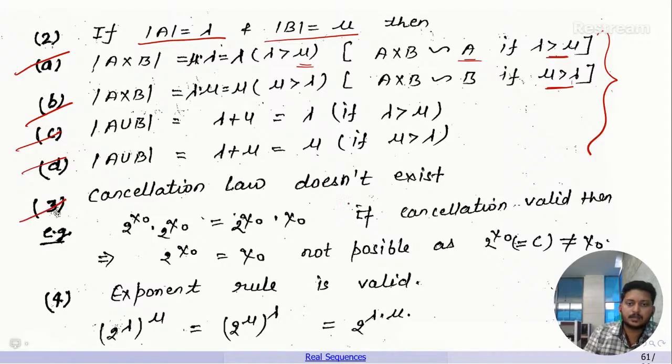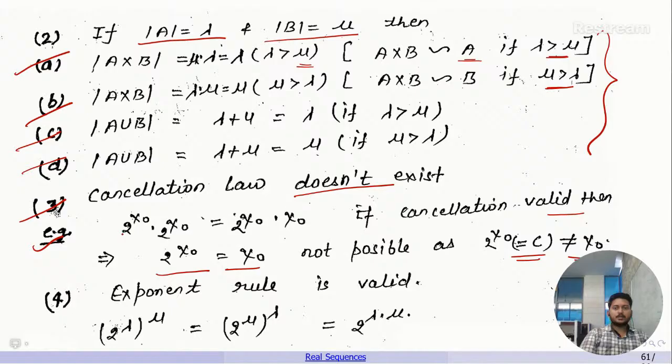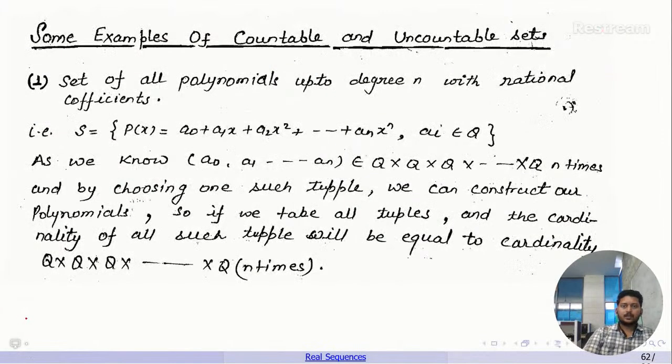And lastly, the cancellation law does not exist. How? When you take 2 to the power aleph naught and multiply it with 2 to the power aleph naught, if the cancellation law were valid, then 2 to the power aleph naught would be equal to aleph naught, which is not possible. So the cancellation law does not exist. And the fourth part, the exponent rule, is valid.